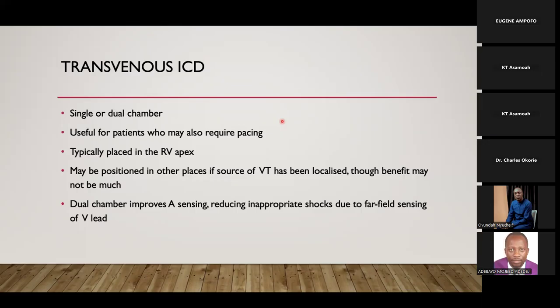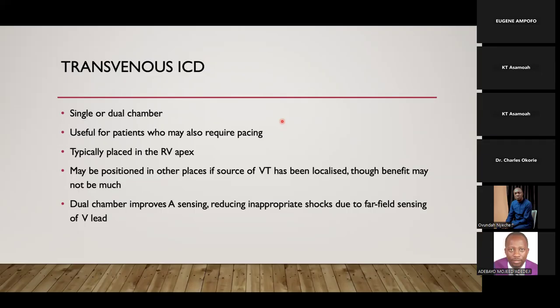Rather, it is there to improve sensing, because the ICD through the ring and tip electrode may have what we call far field sensing, where it will sense electrical activity in the atrium and respond to that. So that can end up giving the patient inappropriate shocks, causing a lot of pain and reducing quality of life.